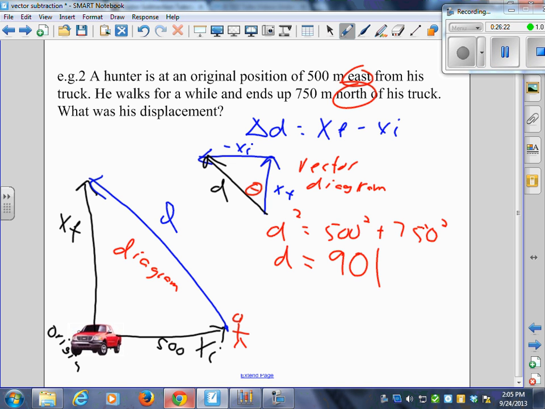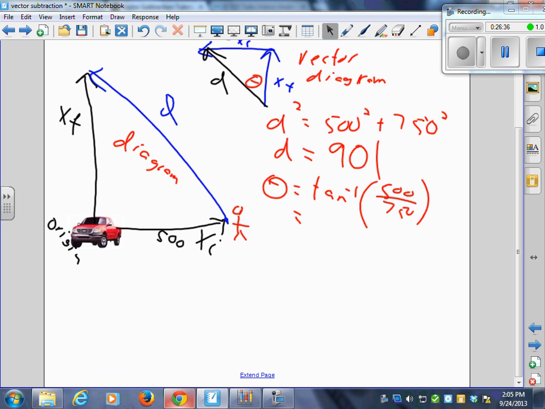Okay, so now it's going to be theta equals inverse tan, opposite over adjacent. Now my XI here is the 500, and 750. Again, I apologize that it's down so low there. I really got to get my calculator out so I can do these questions. I know I'm throwing a lot at you here. I don't expect you to get it first crack.